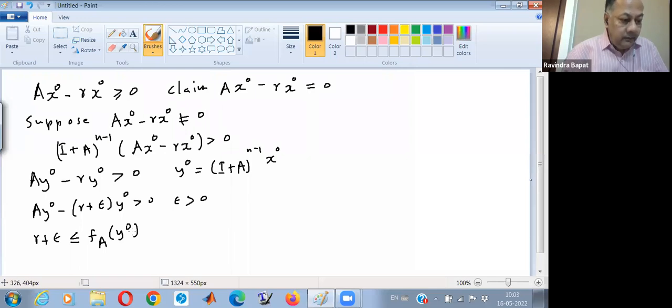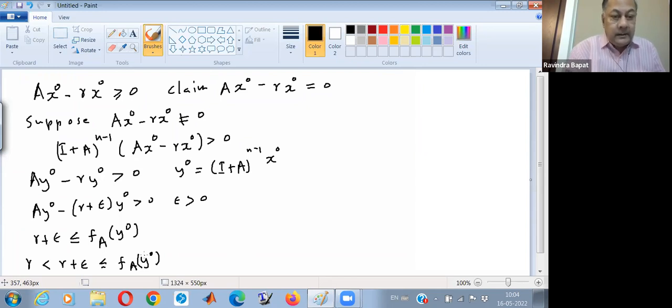And so you get R less than R plus epsilon less than or equal to FA(y naught). But this contradicts that R is the maximum such value.